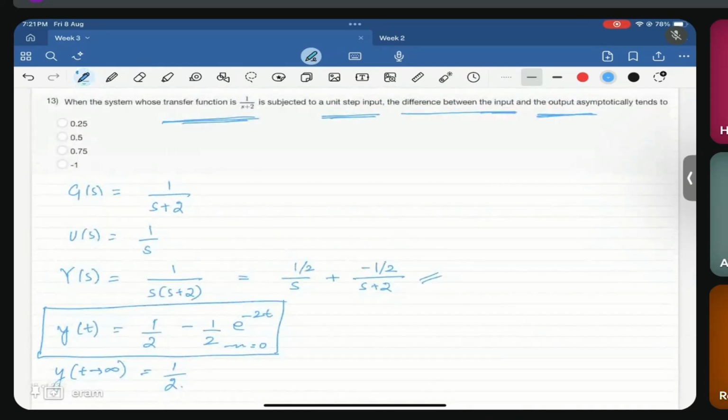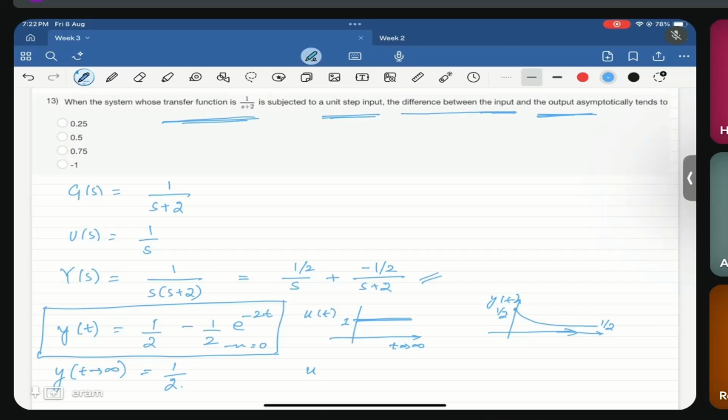The input u of t was a step input, so as t goes to infinity the value is 1, and y of t is converging to the value 1 by 2 as t goes to infinity, right?